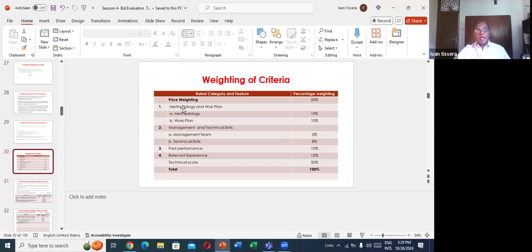It has two sub-criteria, methodology and work plan. Management and technical skills, they have given 13 marks. Management team 5, technical skills 8. Past performance 10. Relevant experience 12. Total technical 50, total financial 50, altogether 100.